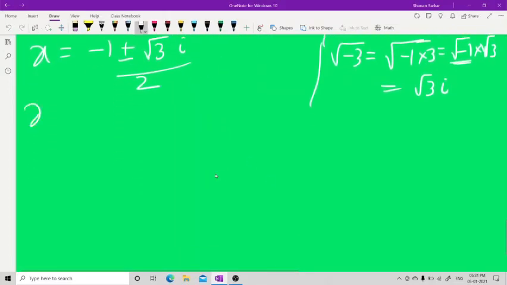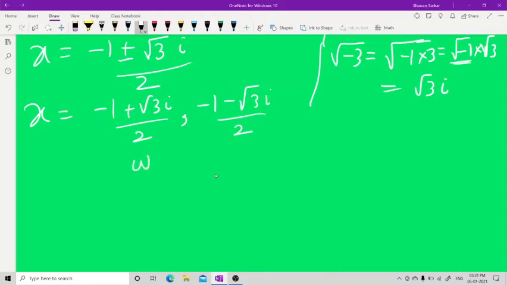X has the values minus 1 plus under root 3 iota by 2, comma, minus 1 minus under root 3 iota by 2. You can write this as omega or this as omega square, or omega square, omega, it hardly matters.